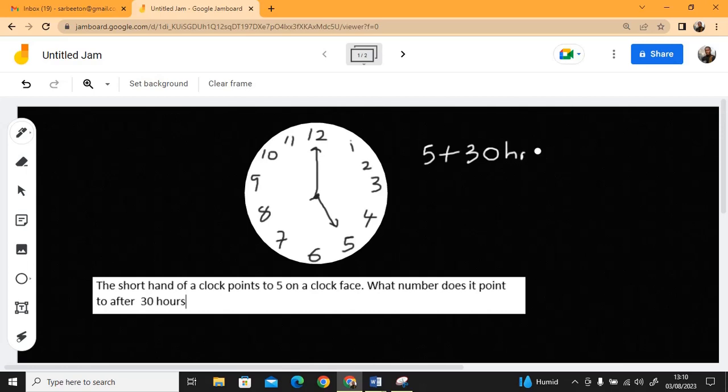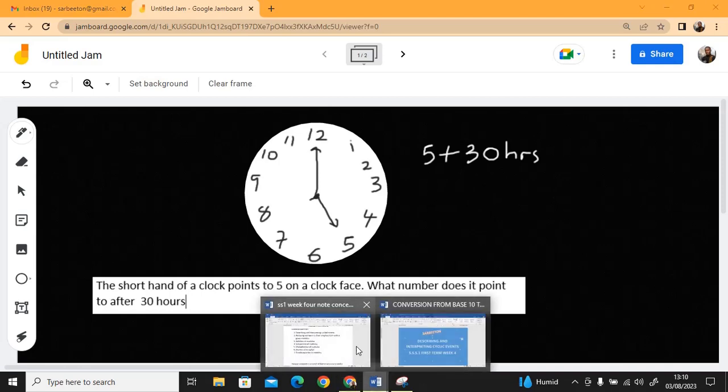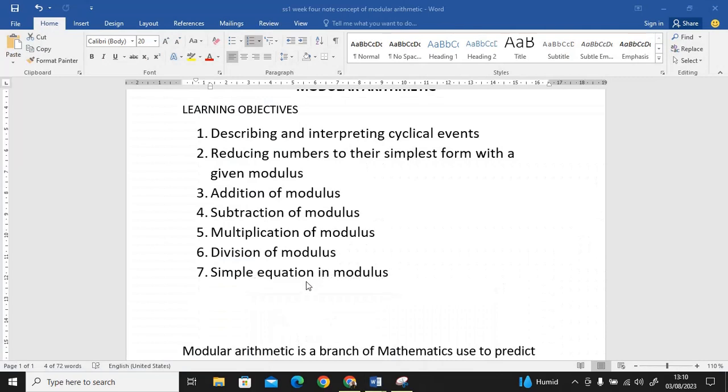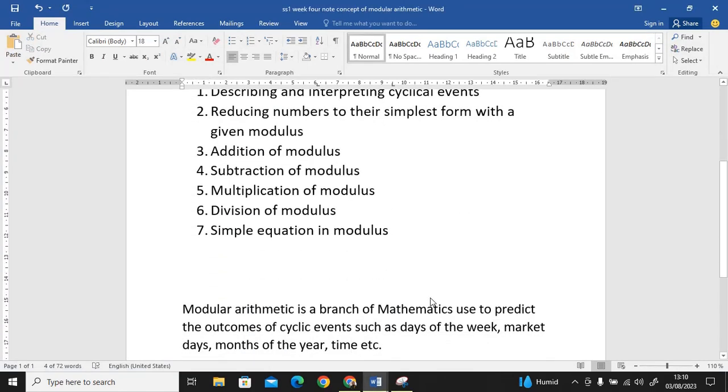Now there are rules that guide addition and subtraction of cyclic events. Let's look at the rules together. This is the note here. I will attach this note to this particular course.